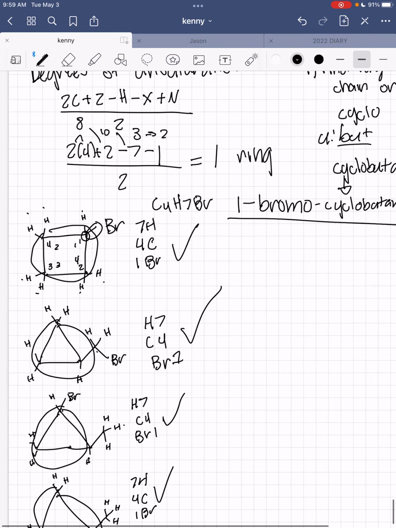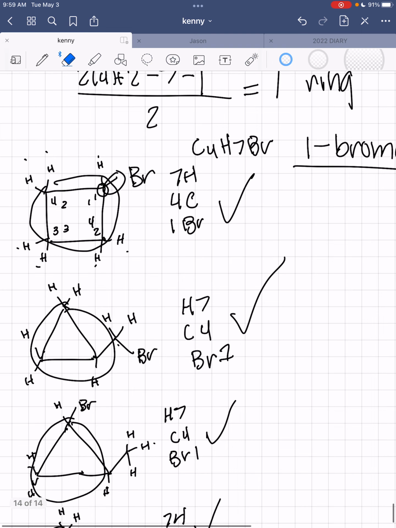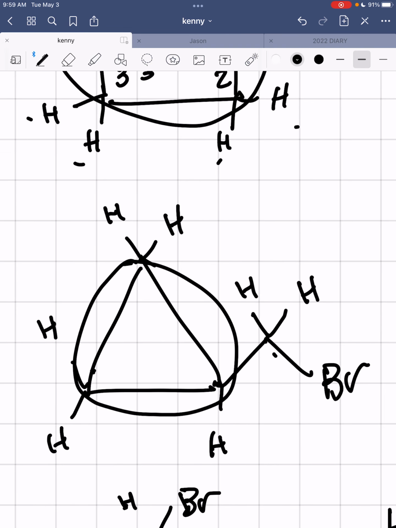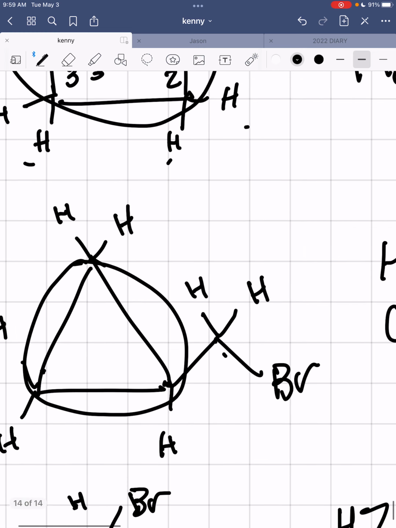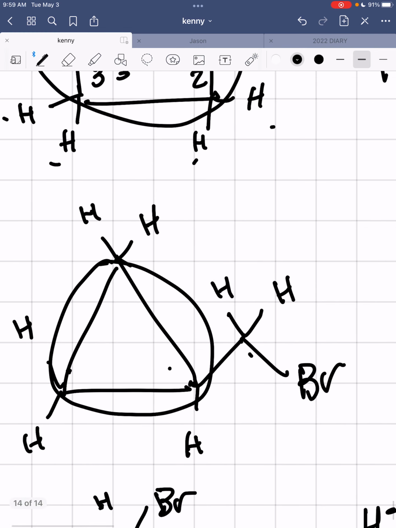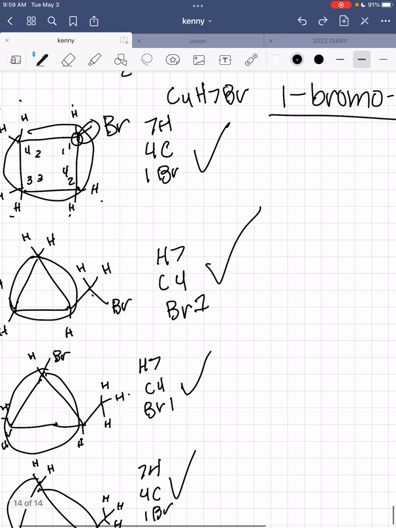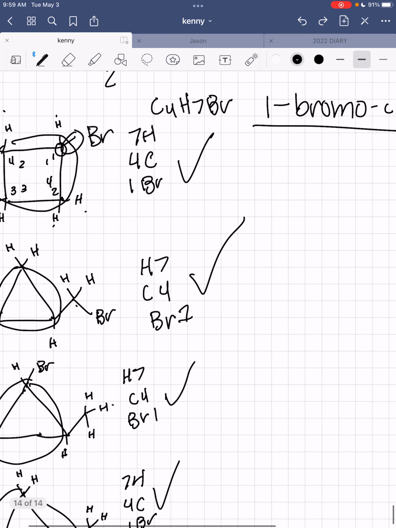I'm gonna do the same thing here. We already circled. Oh, that's a bad circling. So we need to circle the longest chain, and then we need to start numbering. No, you don't have to start numbering now. So we start writing down the parent name.